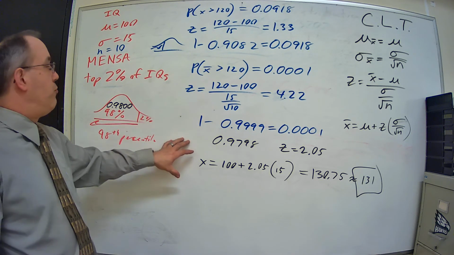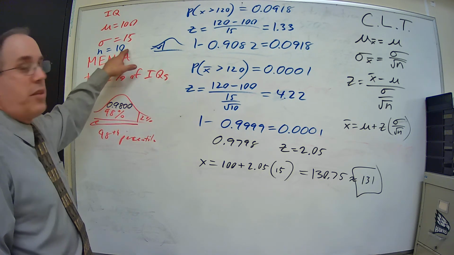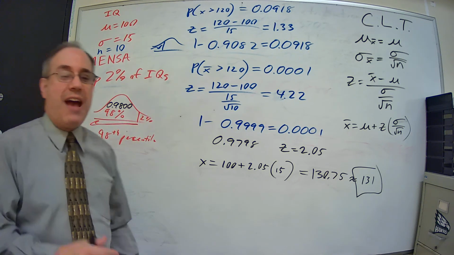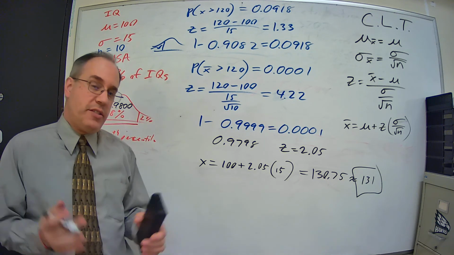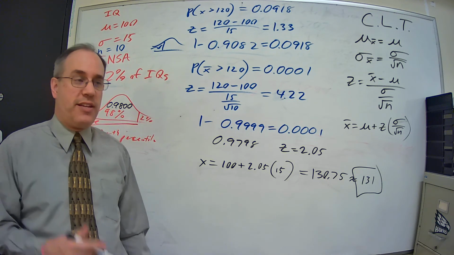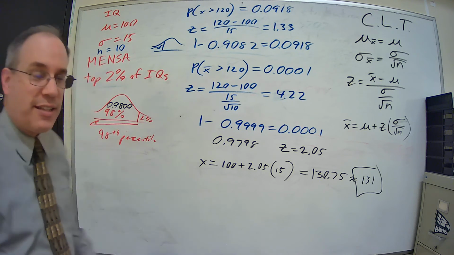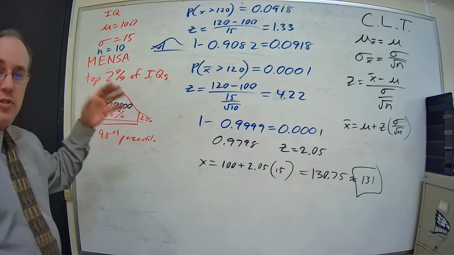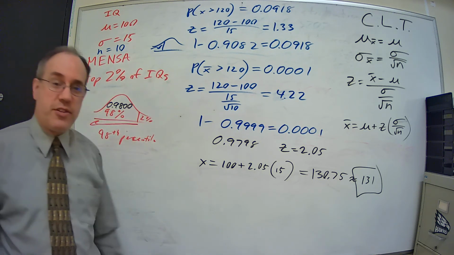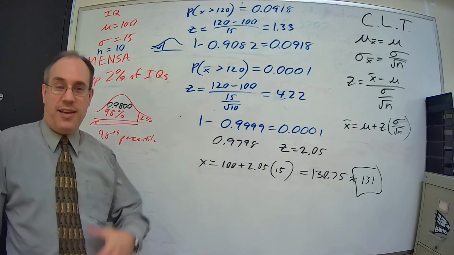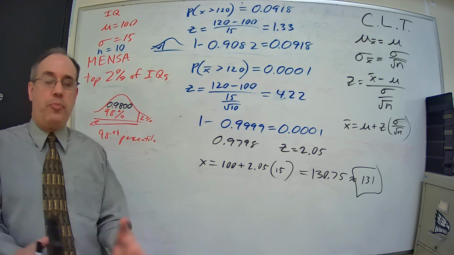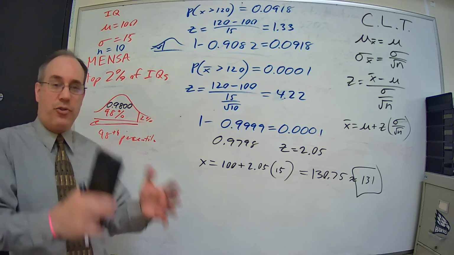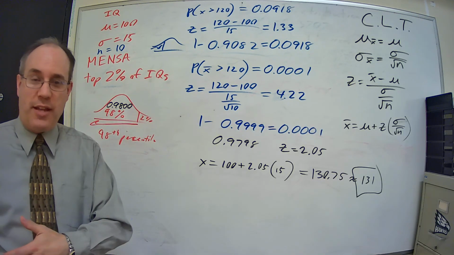Well, what about if I'm dealing with a sample of 10? What average IQ would my sample need to be in the top 2%? If you want to look at a group, what would their average IQ need to be to show that the group as a whole qualifies for Mensa?